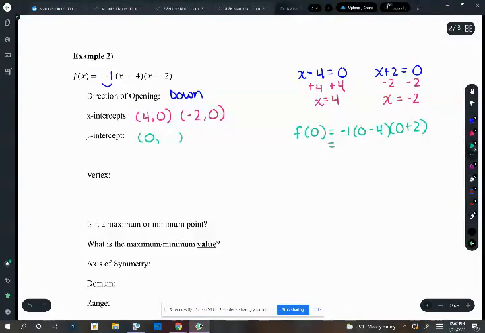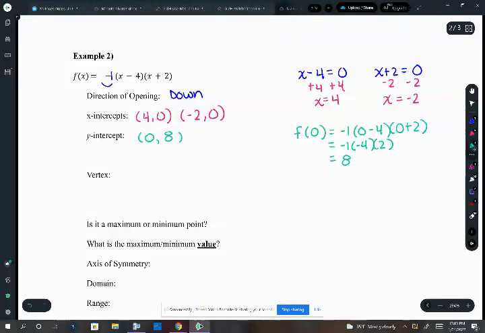We can do that in our calculator. If we're not great at doing integers, put it in your calculator and it works. So we got -1, 0 subtract 4 is -4, 0 plus 2 is 2. When we multiply that together, -1 times -4 is 4, 4 times 2 is 8. So my y-intercept is at 8.